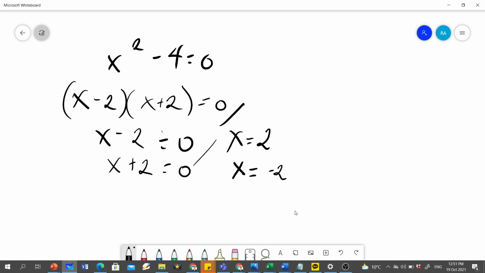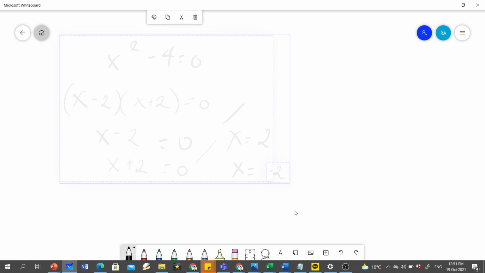Okay, so let's go on with integral domains. Let's see an example where this technique of solving equations does not work. We're going to solve x squared plus 5x plus 6 equals 0 in the integers mod 12.